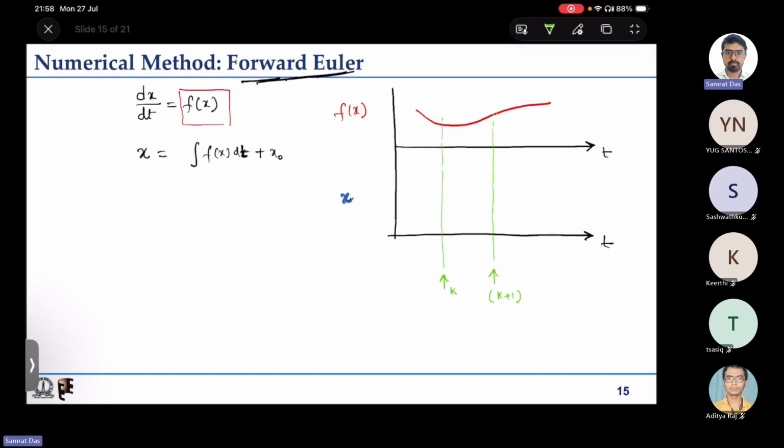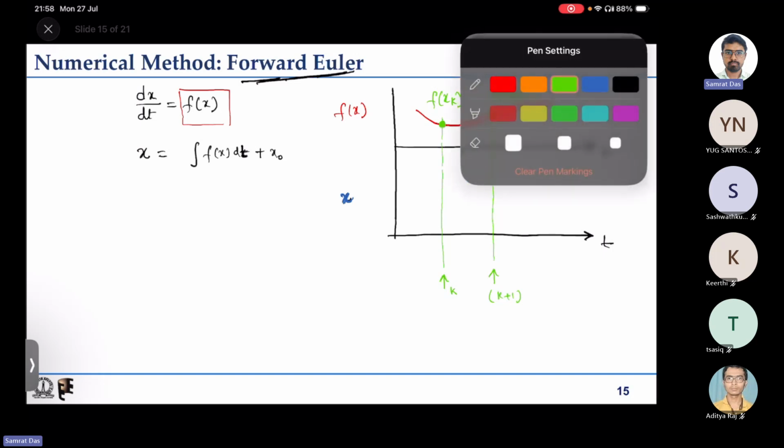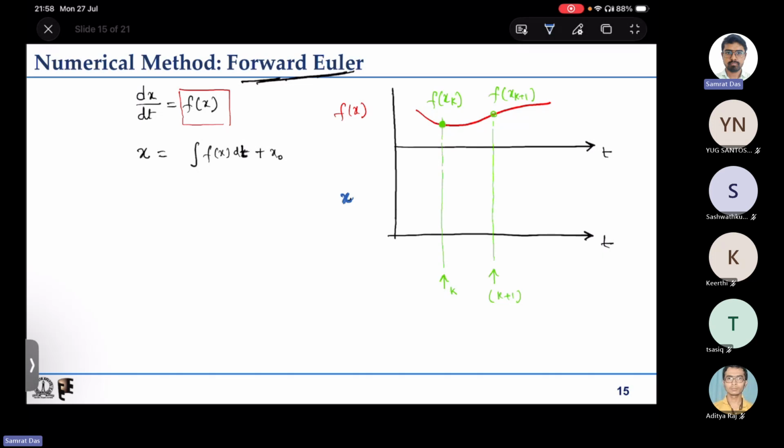This is known to us: this is f of xk and this is f of xk plus 1. At the kth instant, let us say the value of x is somewhere here, so this is xk.